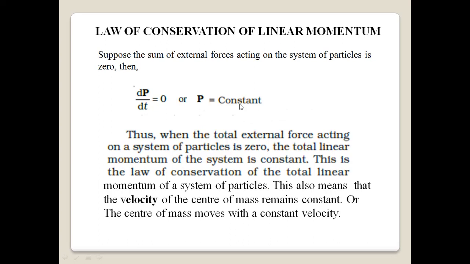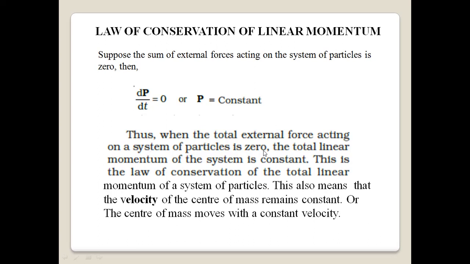So P is constant when mass is constant and velocity is constant. And when you differentiate a constant value, you know you get 0. So dP by dt is 0. When is it 0? When P is constant. And when is P constant? When mass is constant and velocity is constant.